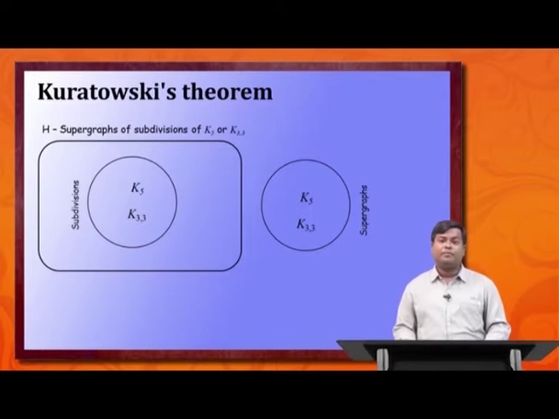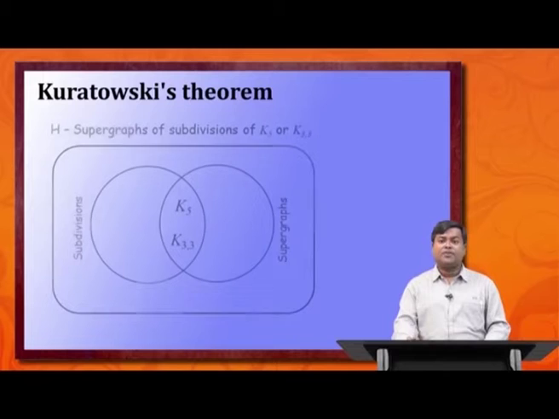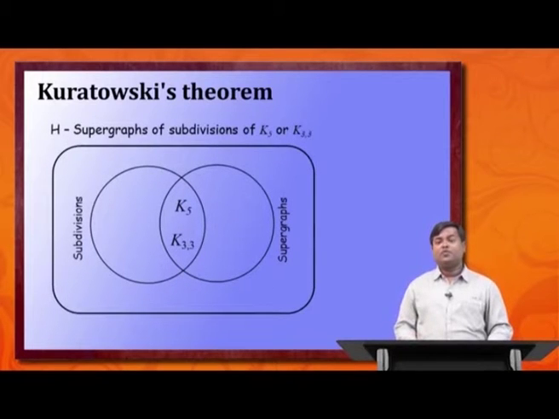Now if you look closely, then we can draw this diagram. The reason is we have already considered the supergraph of K5 and K33 in the previous diagram. In the left hand side, the rectangular box actually contains all the supergraphs of subdivision of K5 and K33. Since the subdivision of K5 and K33 itself contains K5 and K33, it actually contains the supergraph of K5 and K33.